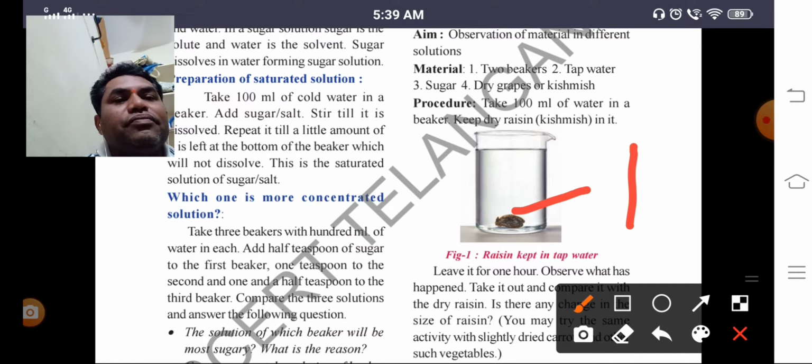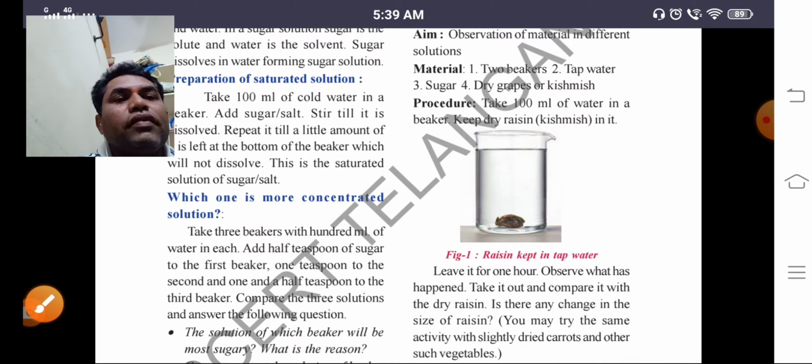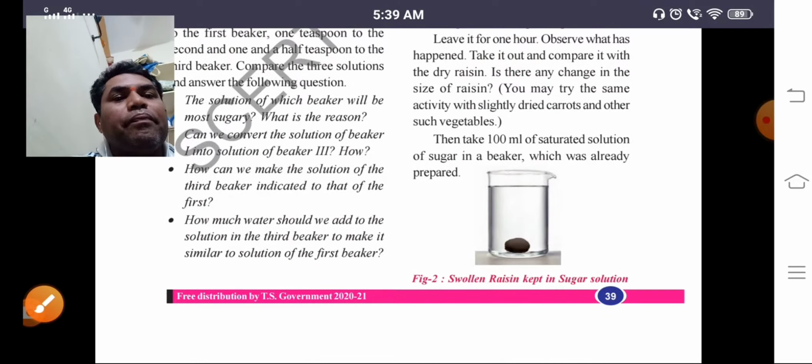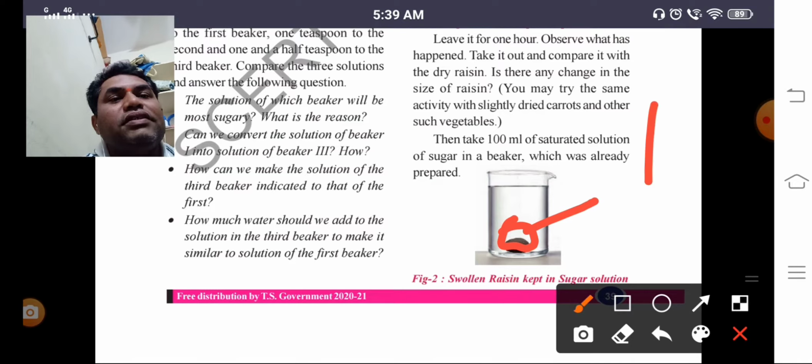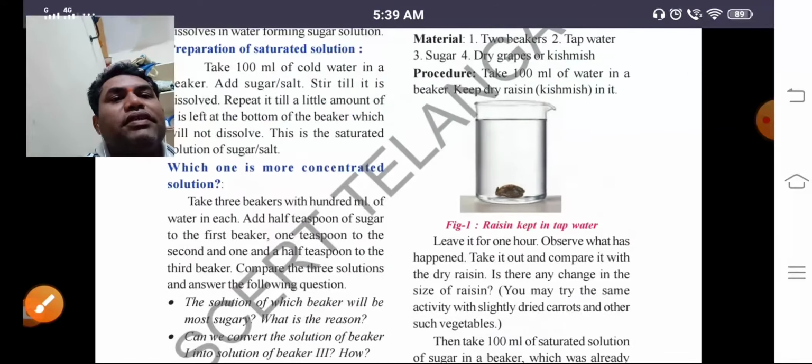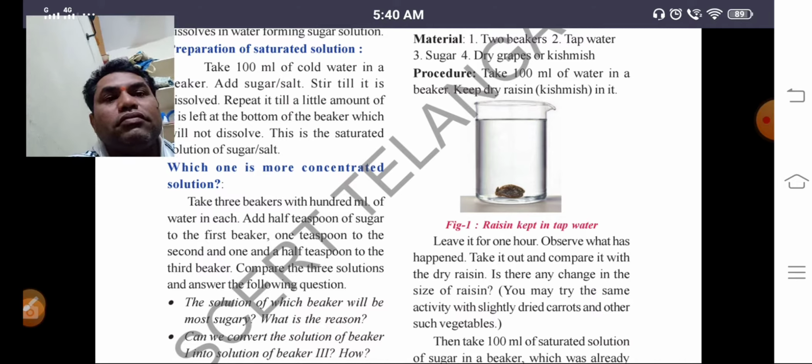So when we take this, here what we are observing, in figure 2 we can see the swollen kismis. So here, water enters into the kismis, whereas in figure 1 water leaves the kismis, so that we can see shrinkage of the kismis in the first beaker.